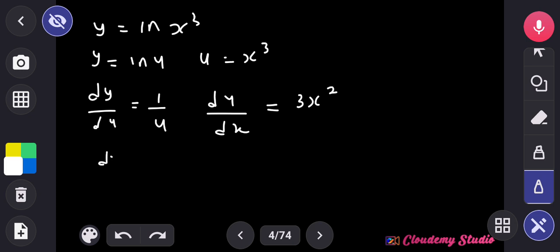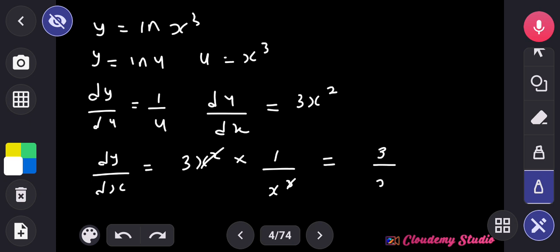Therefore, our dy over dx is now going to give us 3x squared multiplied by 1 over u, which is 1 over x cubed, right? So x squared is going to cancel 2 of the x here, and we're going to be having 3 over x, which is similar to what we got for ln 3x.